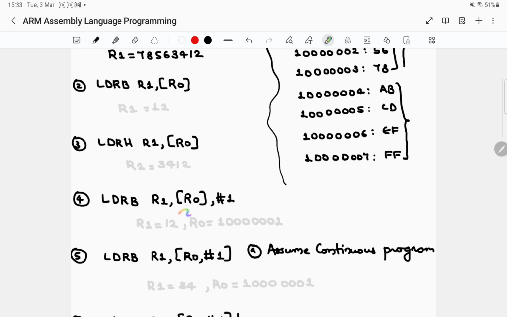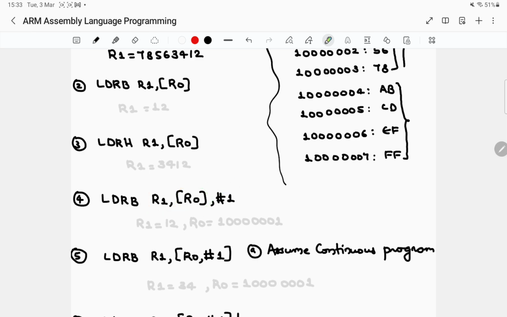Now LDRB R1, [R0], #1. This follows the 3 operand format. In ARM, most instructions follow either a 2 operand format or a 3 operand format. The earlier one is a 2 operand format, but this is a 3 operand format. What will this do? R1 will be loaded with the value pointed to by R0, which is 12. After that, R0 will get incremented by 1.